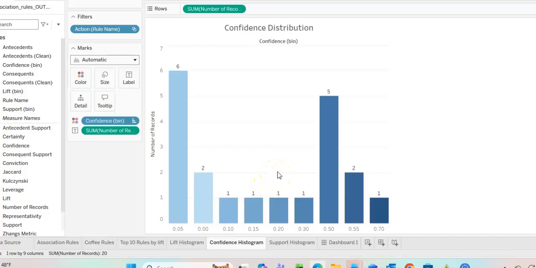Now let's go to the next one, which is the confidence histogram, the confidence distribution. The confidence histogram shows how predictable the rules are.